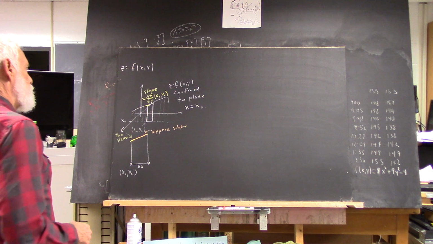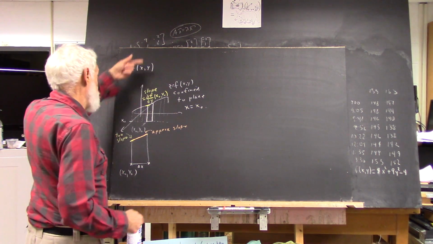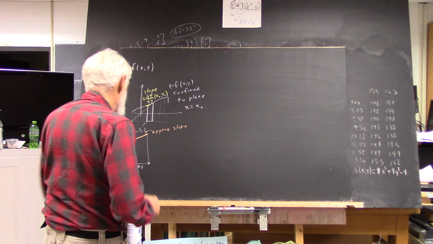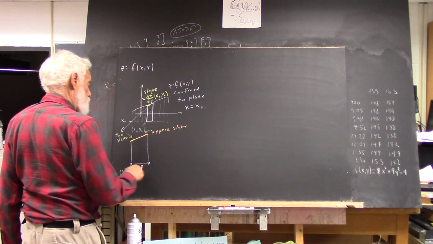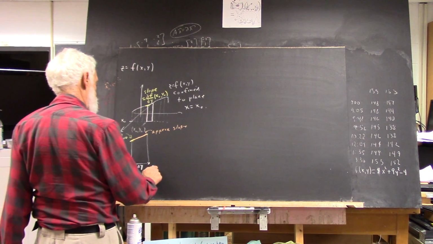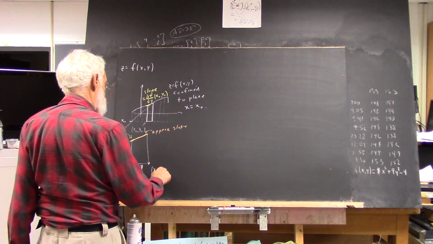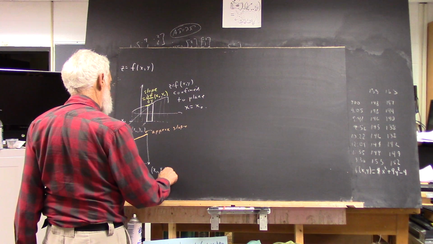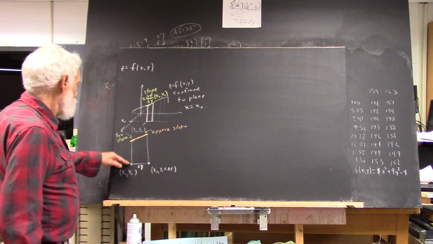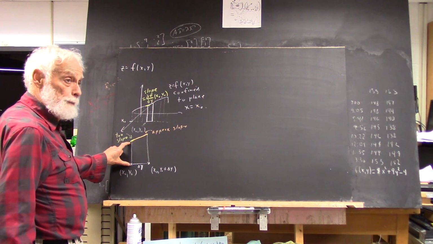And I'm sorry, that shouldn't be delta x because x isn't changing in the plane x equals x naught. That should be delta y, I'm sorry. So it's x naught, y naught plus delta y. So this is the point x naught, y naught plus delta y. So what is the length of this little segment here?